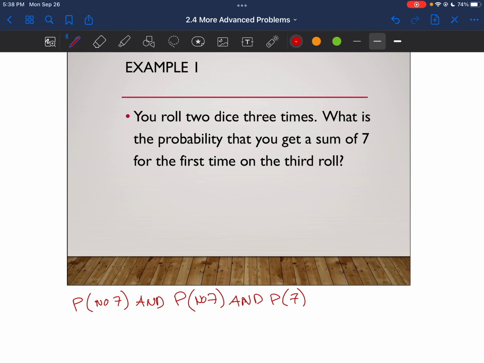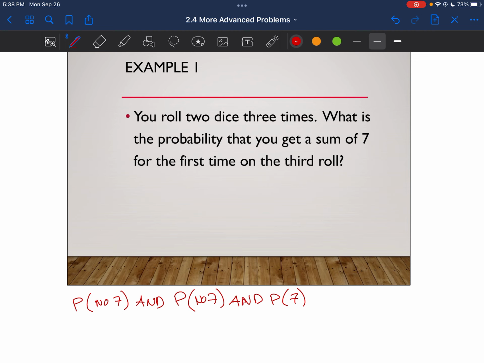Okay. So this is an AND problem because these 3 things have to happen in succession. Rolling 2 dice, they're independent. I'm going to multiply these together. I want all 3 of these things to happen. I want to not get a 7 the first roll.